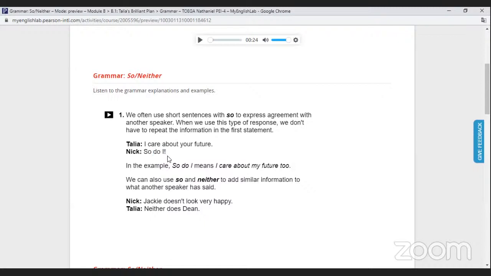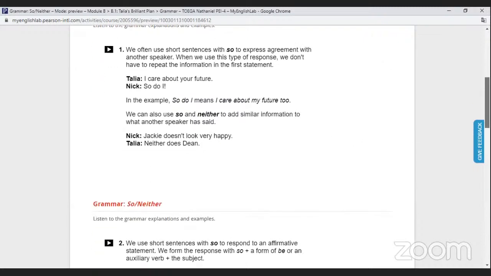So do I, that's why it's happening. If I say a sentence in past, for example, I liked chocolates, we would change the auxiliary to past, like did. Exactly. Very good. Now we're gonna see more in this part.